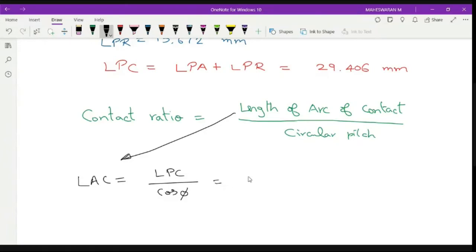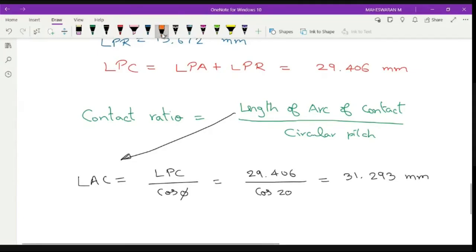Which is equal to 29.406 divided by cos 20 degrees. So what will you get? 31.2939, so 31.293 mm.